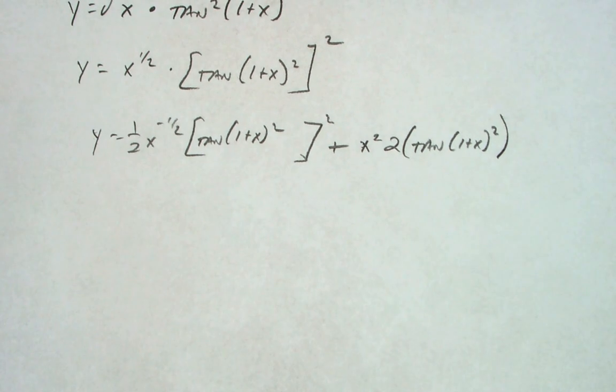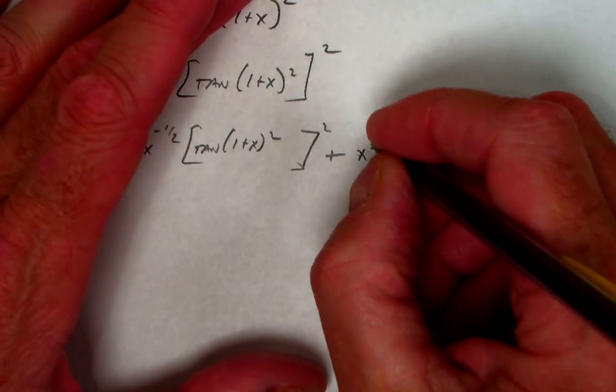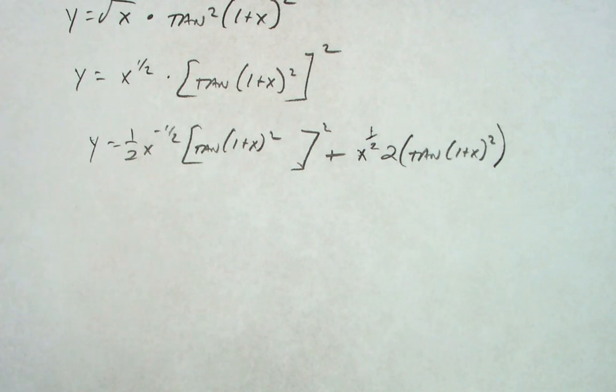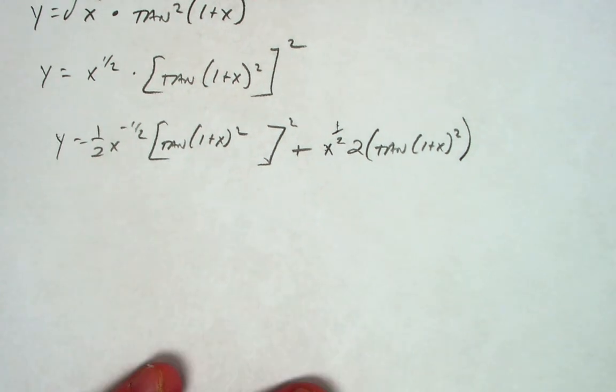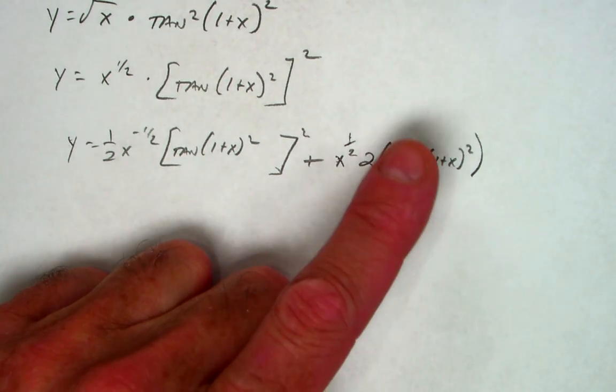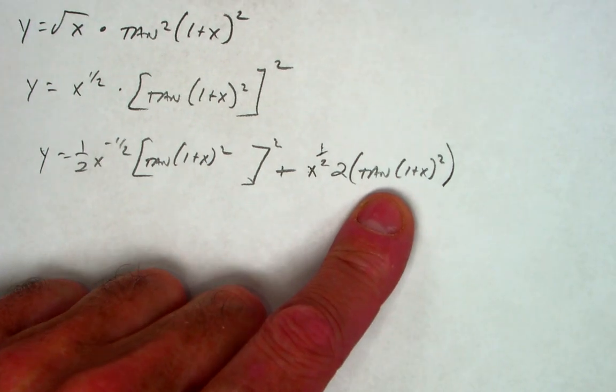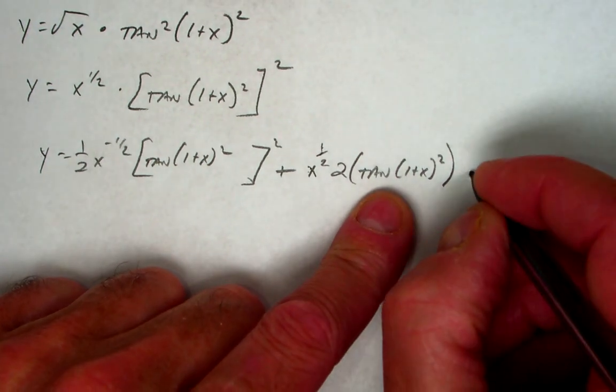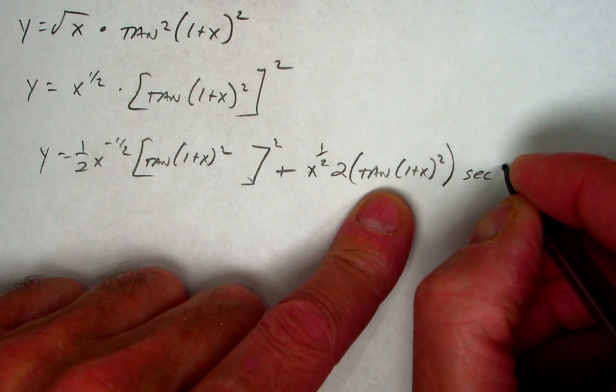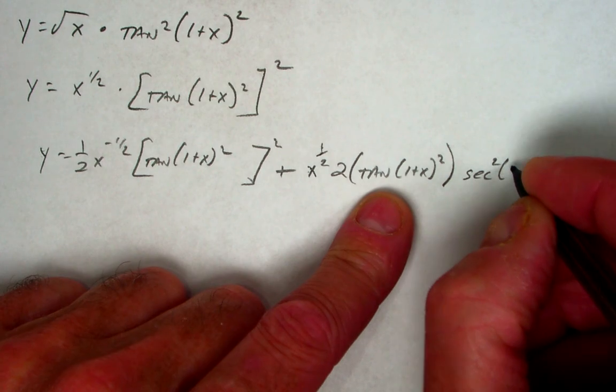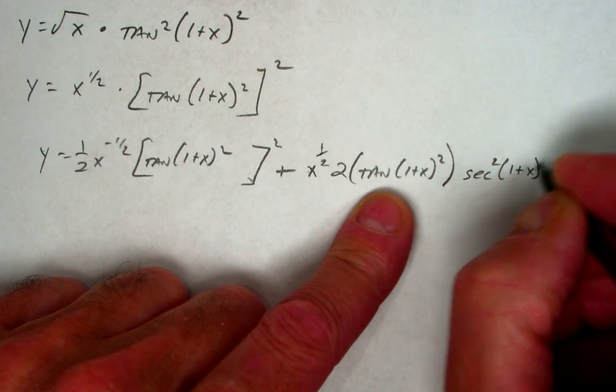Yes, did I make a mistake? Shouldn't that be x to the 1/2? Yes, I'm sorry. Thank you. Okay. So now I've got this inner layer. Tangent is secant squared. So secant squared of 1 plus x, squared.